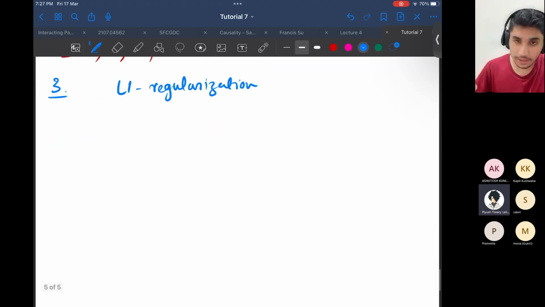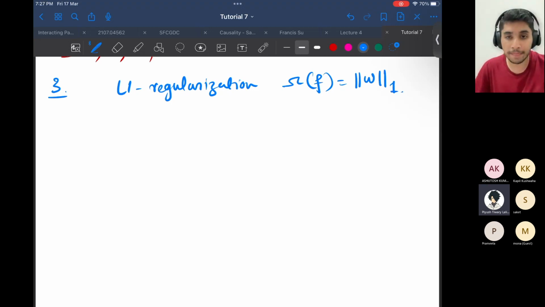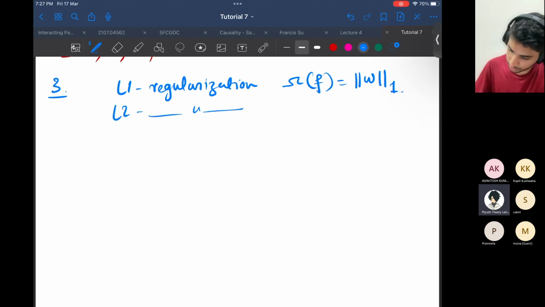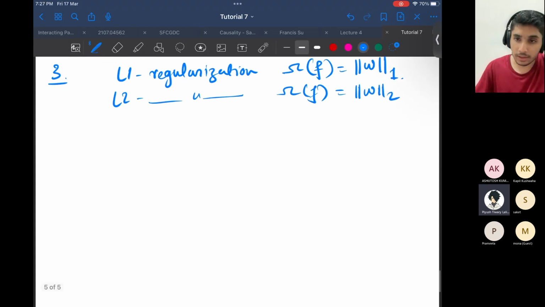In L1 regularization, for a regression task, let's say, omega of f is quantified as the L1 norm of W. And for L2 regularization, omega of f is said to be the L2 norm.